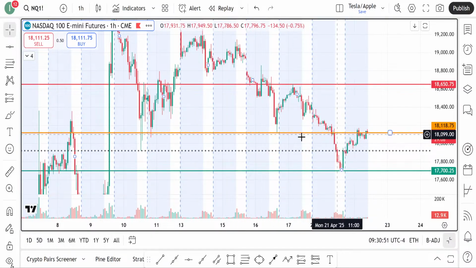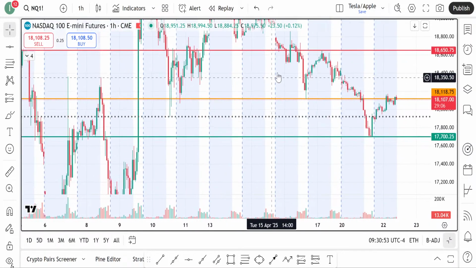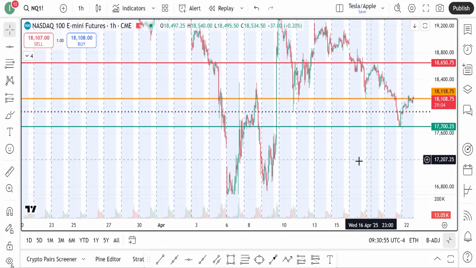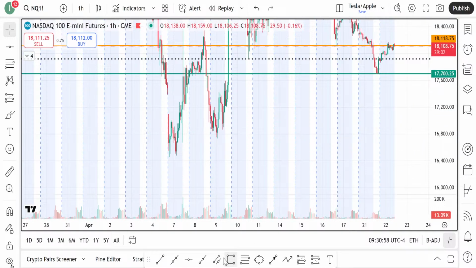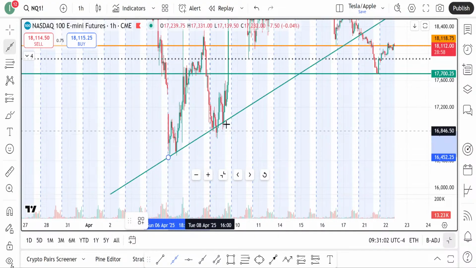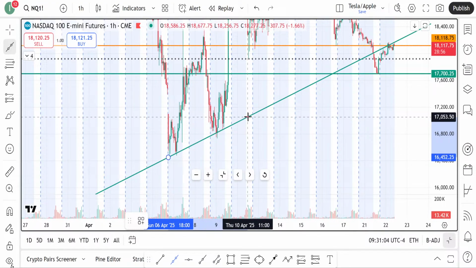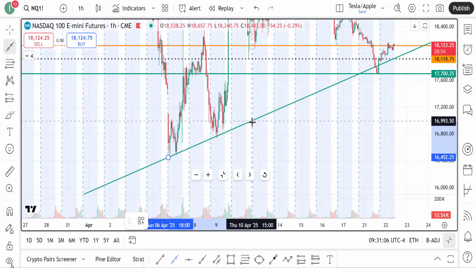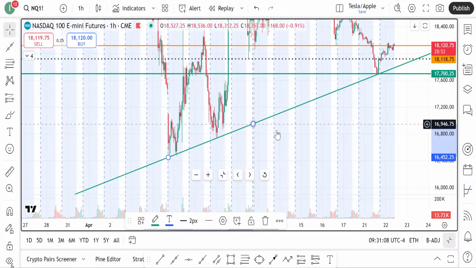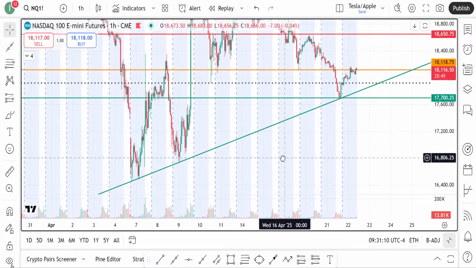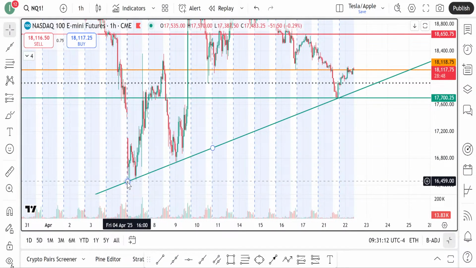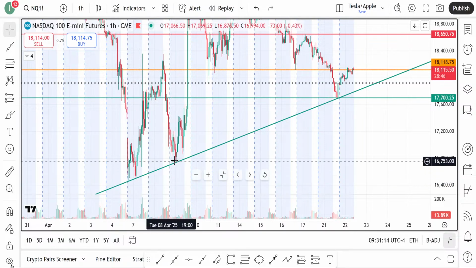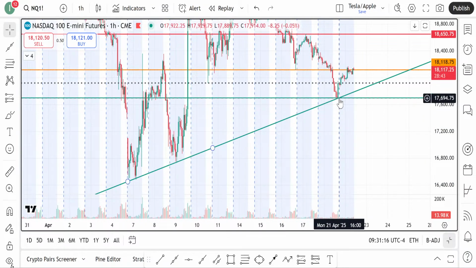Market's opening. Let's see. Now we're gonna go ahead and mark any trend lines. So we got some trend lines coming up right here. I'm trying to put it where I'm getting multiple touches. 1, 2, 3, 4 touches on that trend line.